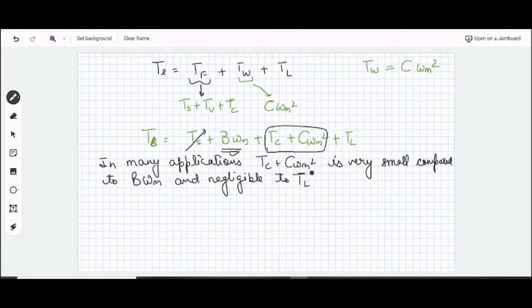TL means capital T. Therefore, this TL becomes equal to B omega m plus TL. Yes or no? Yes, sir.